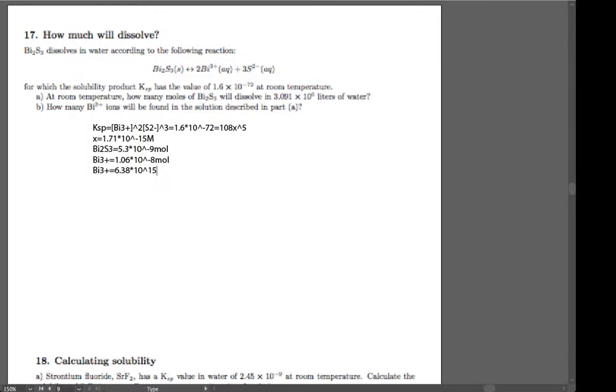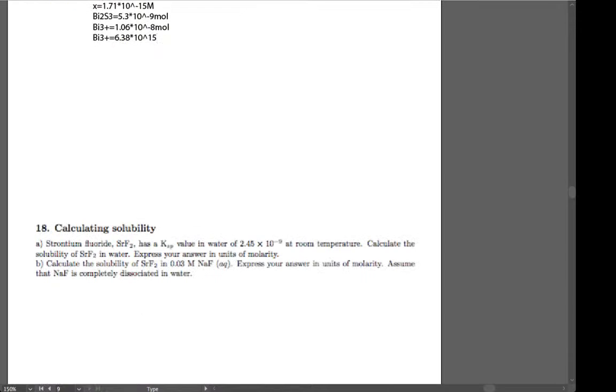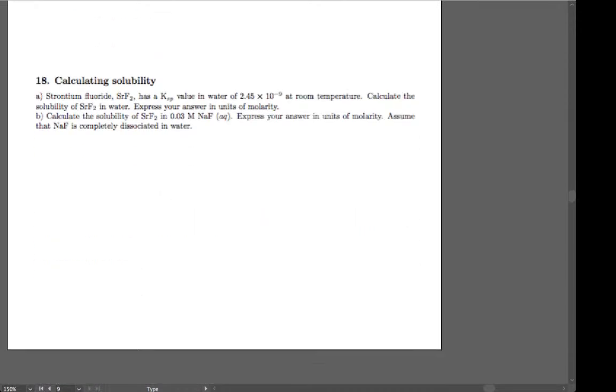All I know is moles, which is just a very big number. So that's the amount of Bi3 plus that you have. Good. Yes, this would be the final question.